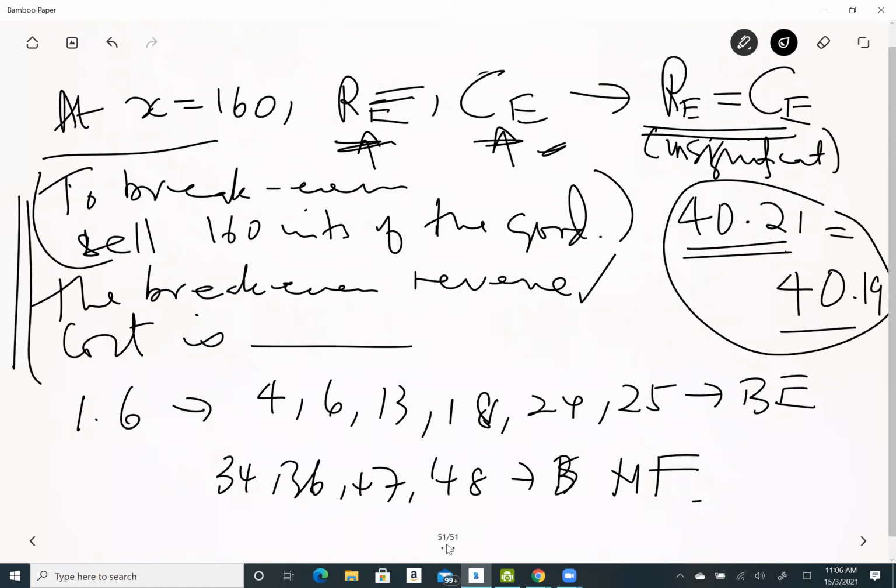Okay, any question on this? Okay, good. So now we move on to the other application, which is on the market equilibrium. We take a little bit more time on the break-even. Why? Because we are introducing two new concepts. One is the marginal, and the other is the average.